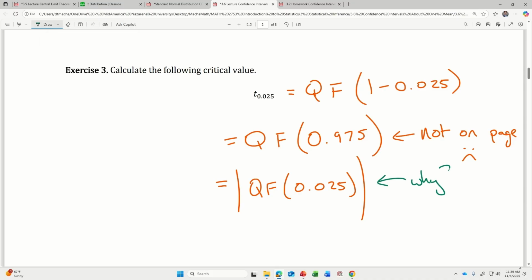Why does this work? Because the t distribution, like the normal distribution, is symmetric.